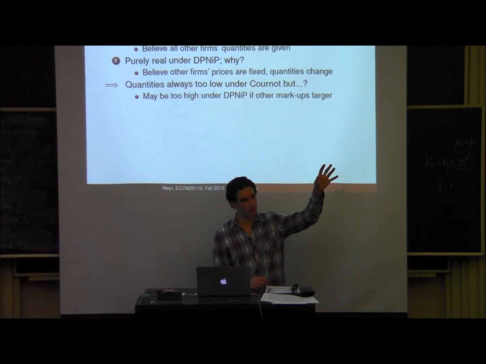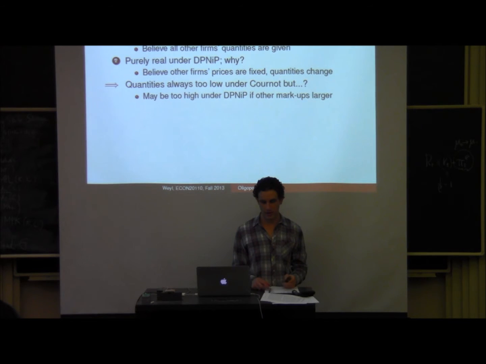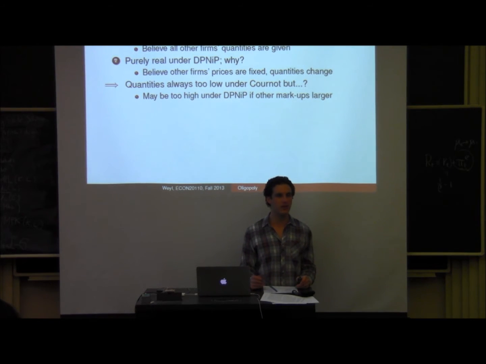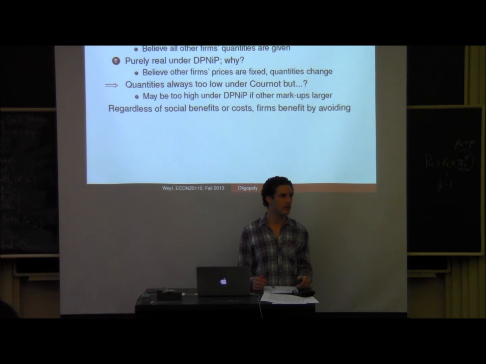That might actually be socially beneficial, because it might be that people are buying the cheap product because the markup is so high on the high quality product, right? So actually under Nash and prices, you could have too high quantities for some firms because of the real externality they have by stealing business from the higher quality firm.